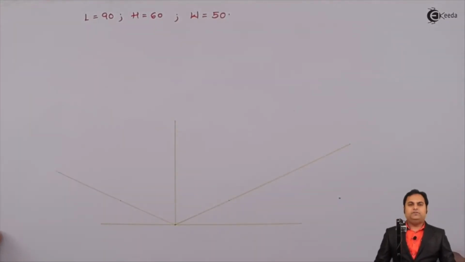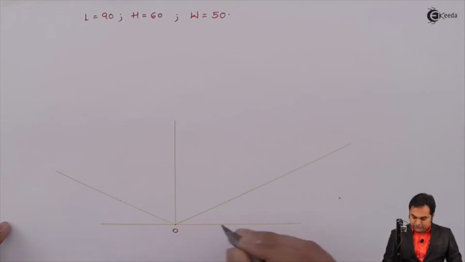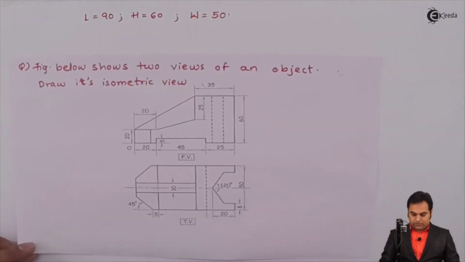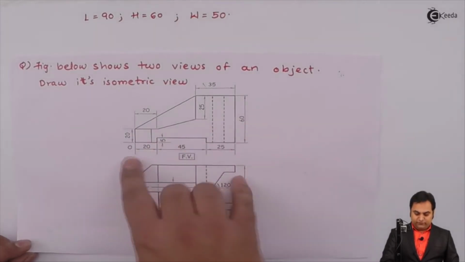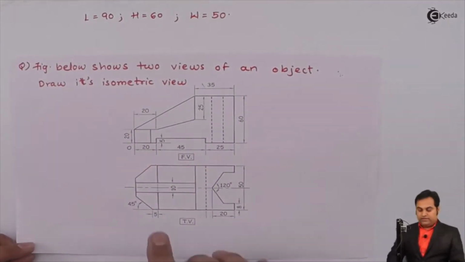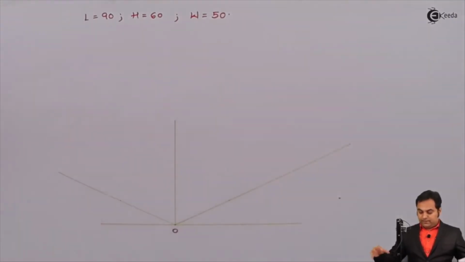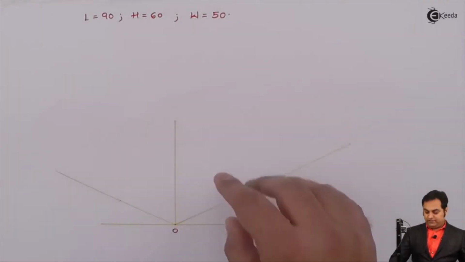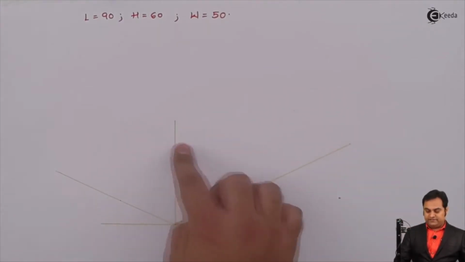Then I need to know where to mark the total length, height and width. For that, this point is called the origin. Now when I see the diagram, in the front view the origin is given and here is the length. If I pick this object from here and place it on this side, then the length will come over here, width will be on this side and height is here.